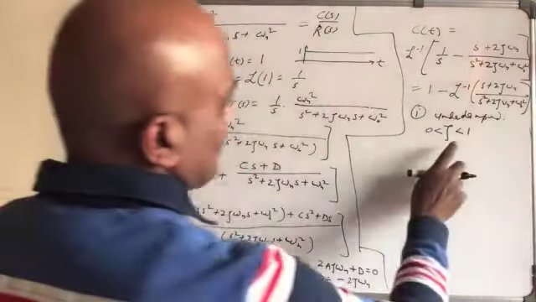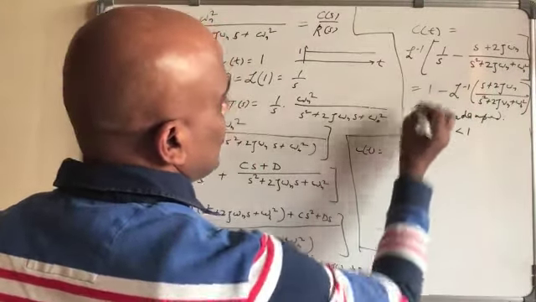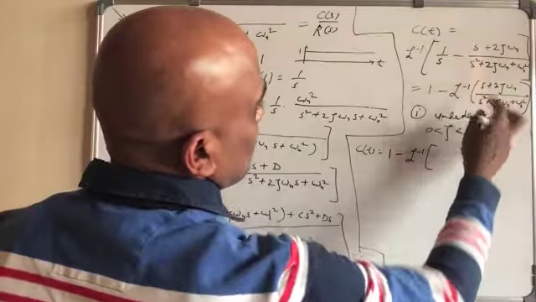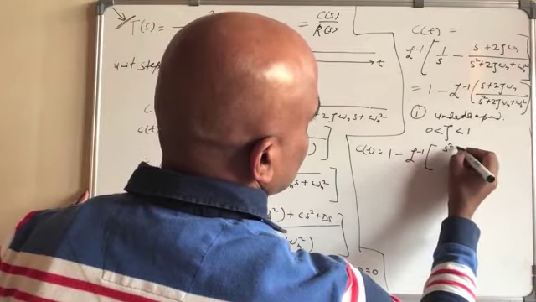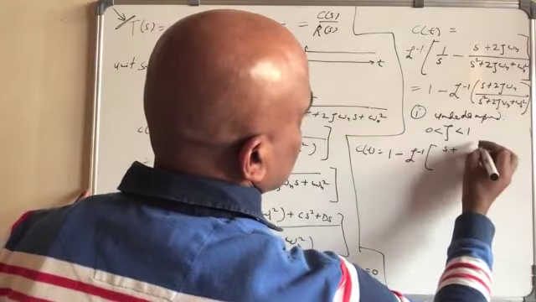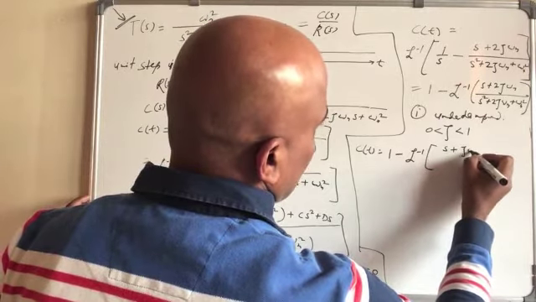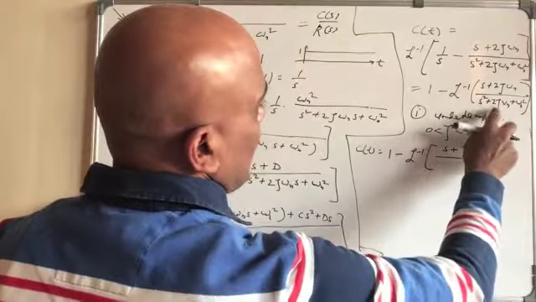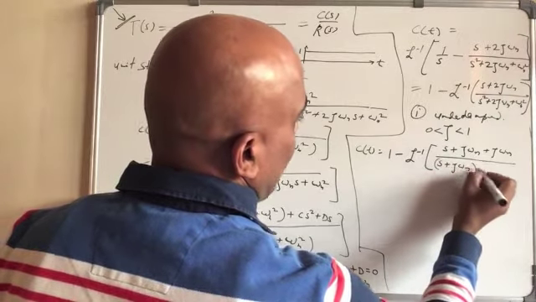If you have that, then we can write C(t) as equal to 1 minus L inverse, and we can write this one as follows: s plus zeta omega n plus zeta omega n, divided by s plus zeta omega n square.